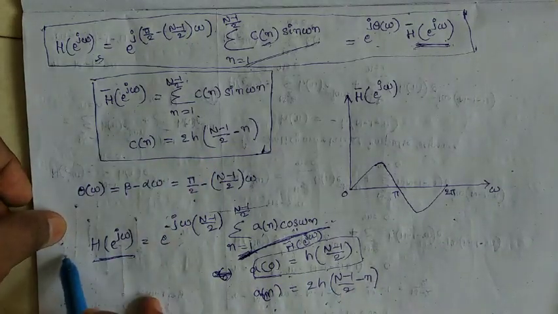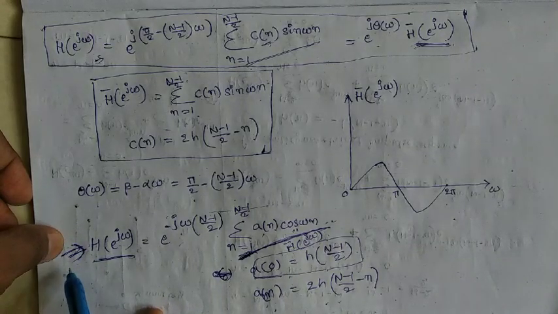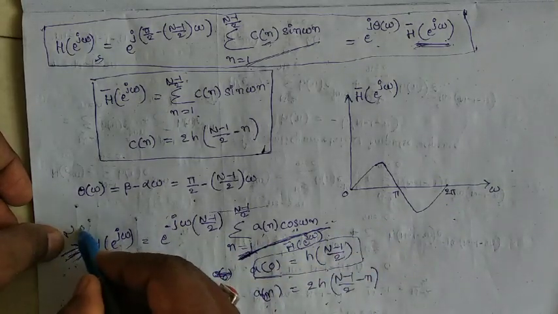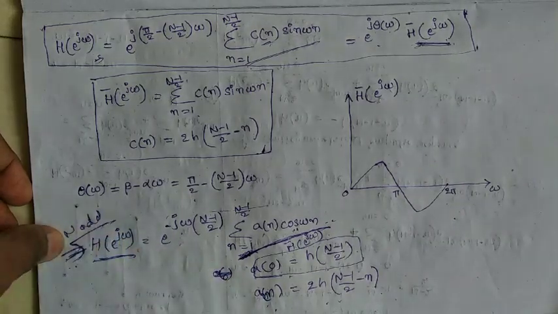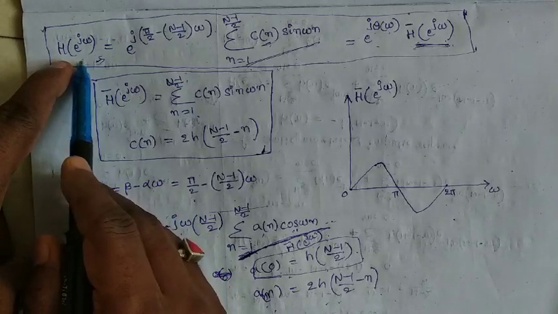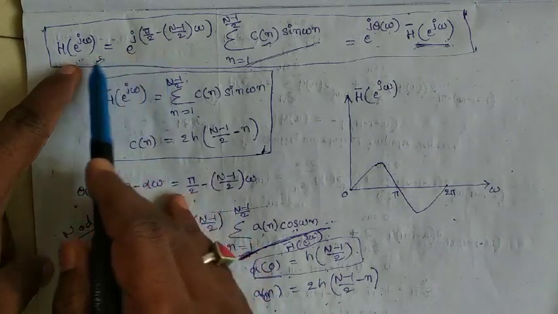Here this is the frequency response of FIR filters with symmetrical impulse response, capital N odd. Here this is the frequency response of FIR filters with antisymmetrical impulse response, capital N odd.